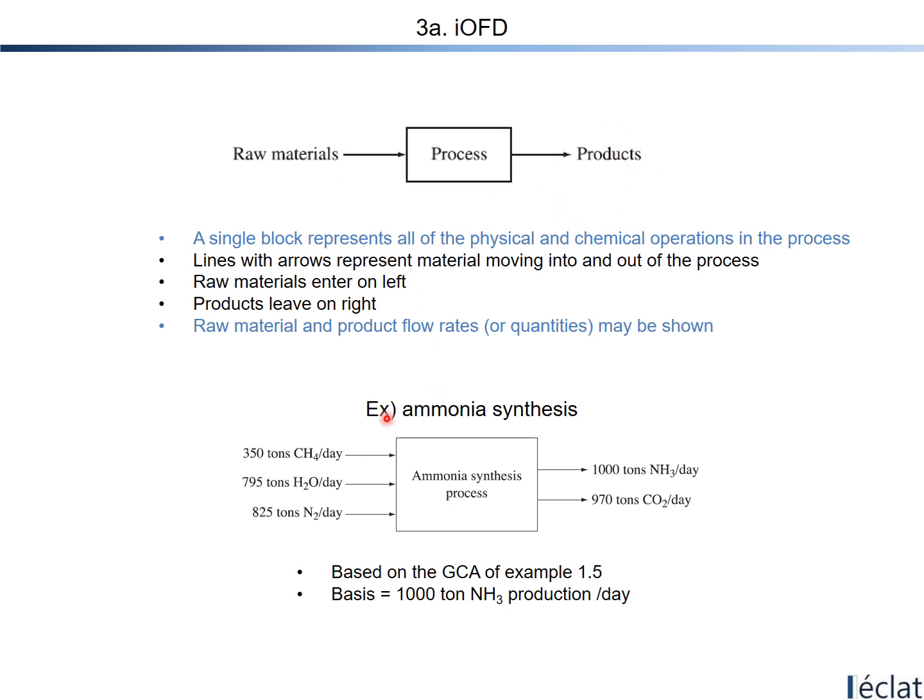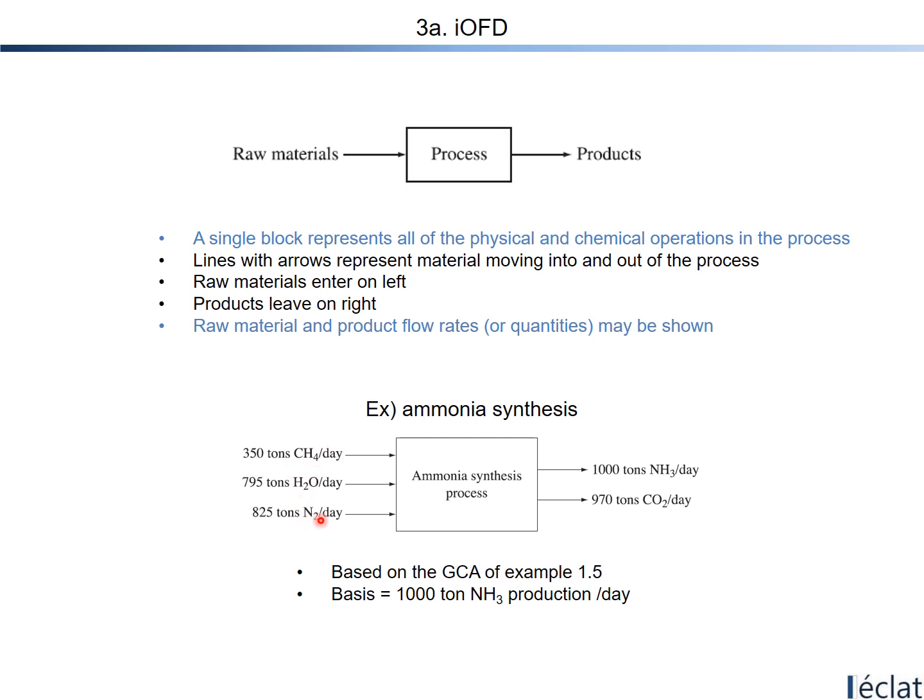Here is a detailed examination of ammonia synthesis. This single block represents the entire process of ammonia synthesis. And on the left side, you have three different reactants: methane, water, nitrogen.